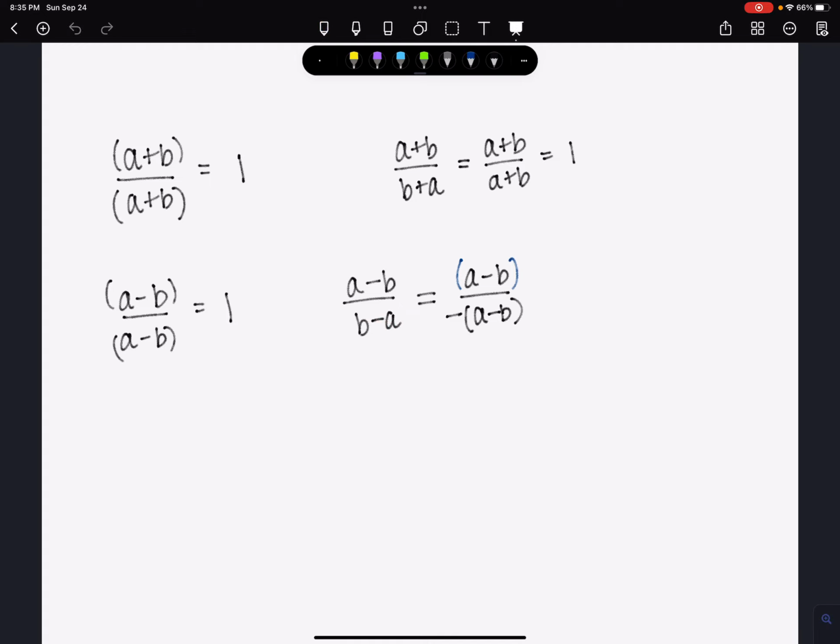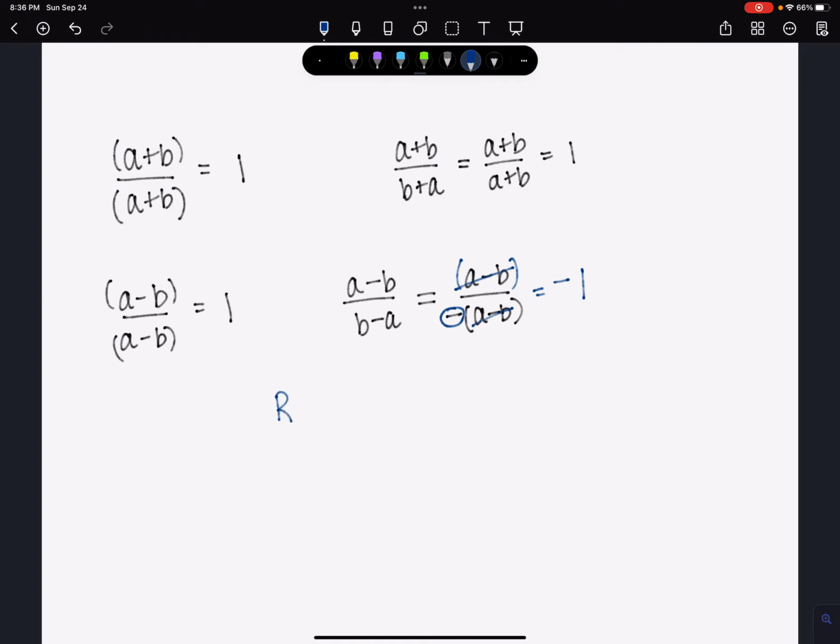Right here, if I were to take a negative to the outside, b would become negative, which is right here. And then if I take this negative out, a would become positive, which is right here. So when I factor out that negative, I get the opposite of a minus b. Therefore, the a minus b over a minus b cancels, and I have this negative right here, so I'll have negative 1.